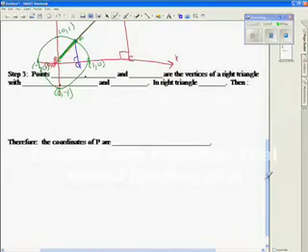Okay, we've got one more step. Step 3, points. I'll do it in black so you can see a little bit of a difference.